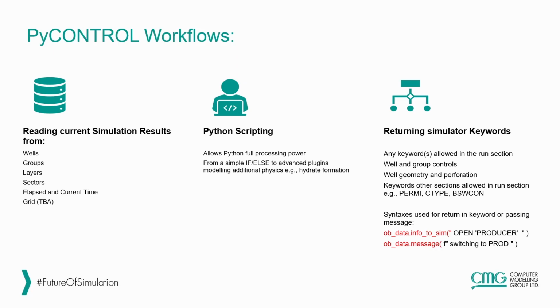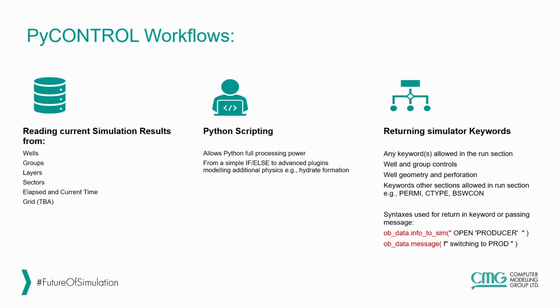On top of that, GEM, IMX, and STARS also accept keywords from other sections; things like permeability or endpoint scaling can be updated in real time. But in many cases, users just want to update their well and group controls, or change the geometry of the well, adding a skin, or those sorts of more commonly used remedies.